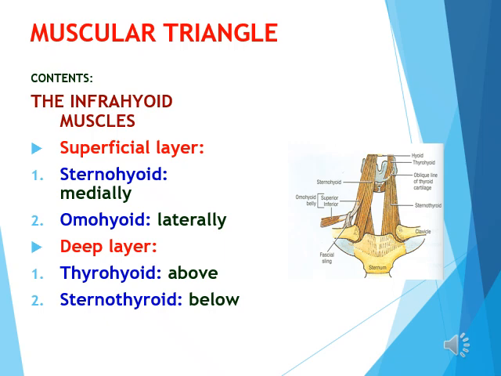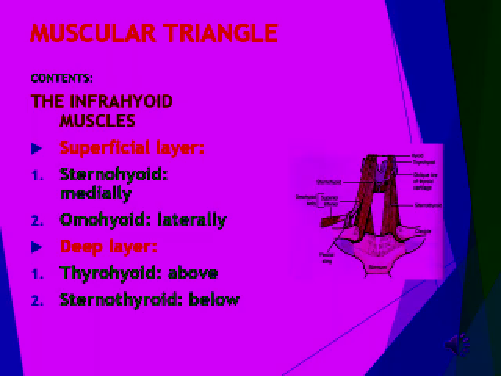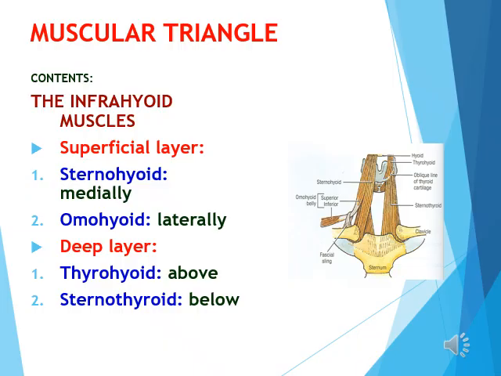Then the omohyoid is positioned laterally, with a superior belly forming part of the triangle's boundaries. So it's a strap connecting the shoulder blade to the hyoid. The deep layer, the thyrohyoid, sits above its neighboring sternothyroid, bridging the thyroid cartilage and hyoid bone.